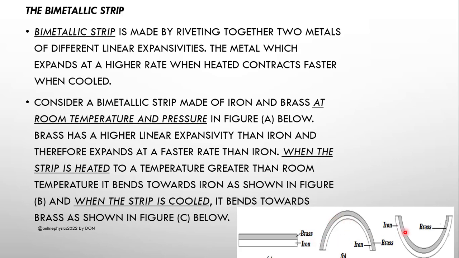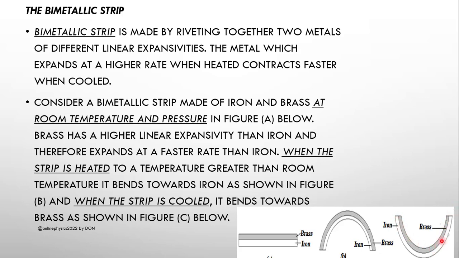What about when it is cooled? When the strip is cooled, it bends towards brass. So in this second figure, this bimetallic strip is cooled. When we are cooling it below room temperature, the material that expanded at a higher rate, or faster, now contracts at a faster rate.